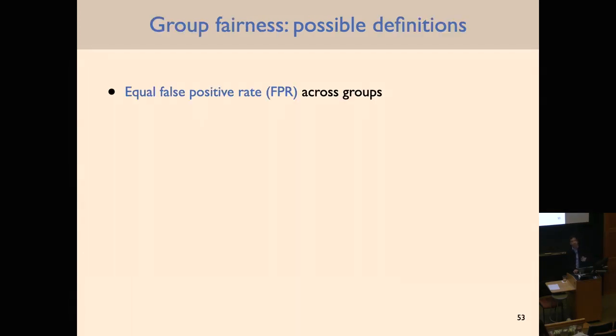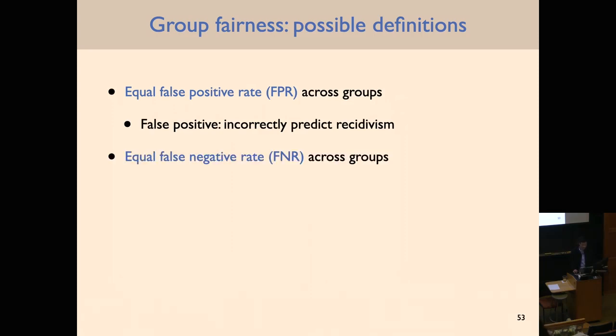So there's different possible definitions you could come up with for group fairness. A pretty reasonable one is that across different groups, so let's say across different races or across different ages, you want the false positive rate to be equal, right? A false positive is if you make a positive prediction, but actually the label is negative. So you incorrectly predict recidivism, for example. Another possible definition is that you want the false negative rate to be equal across your different groups.